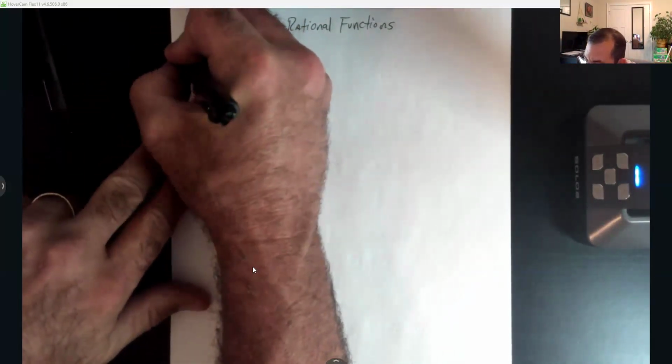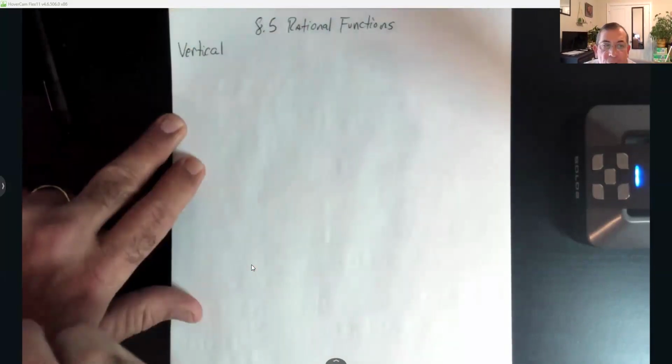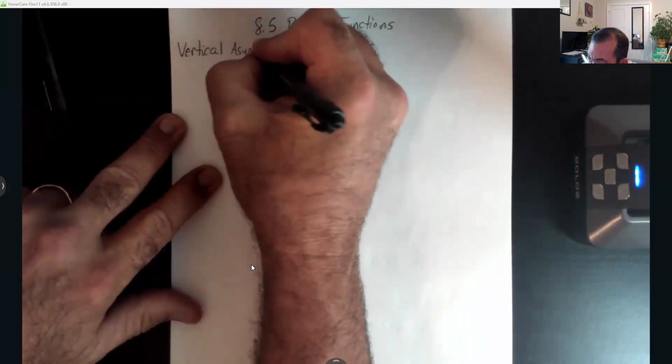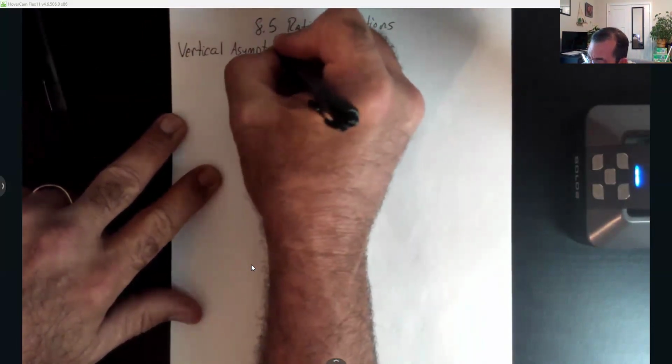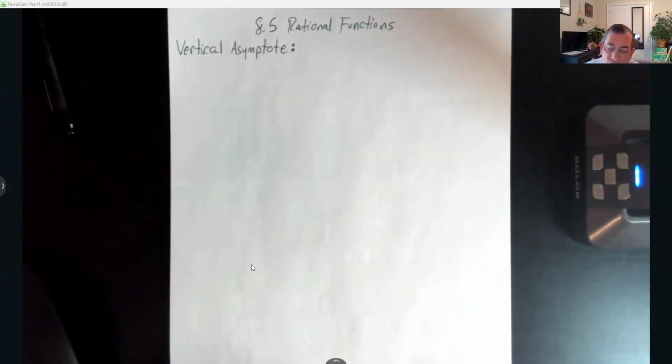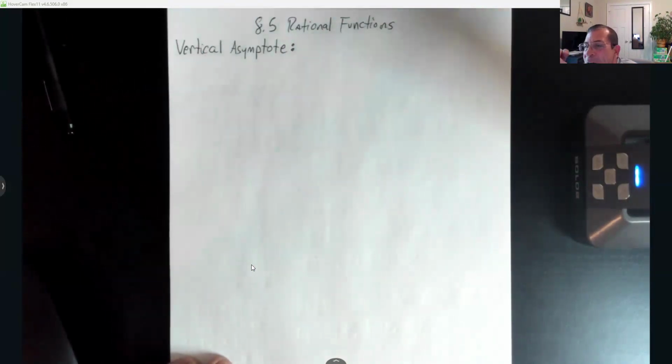The first definition is what we call a vertical asymptote. Now these asymptotes are really what we would call imaginary lines, okay?